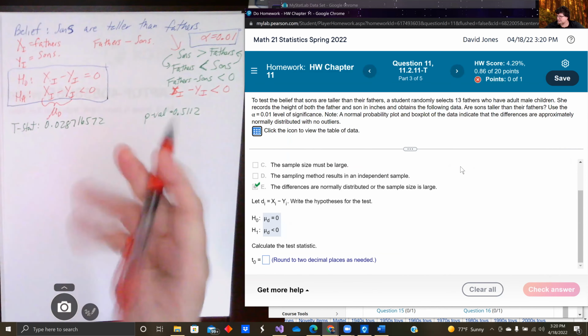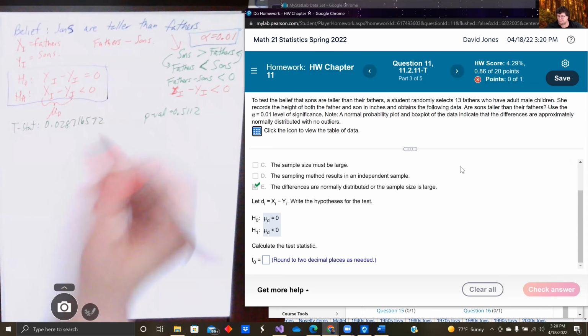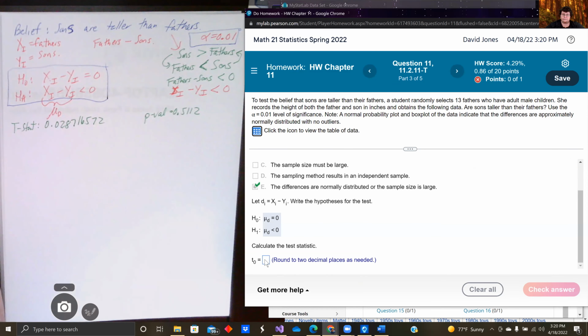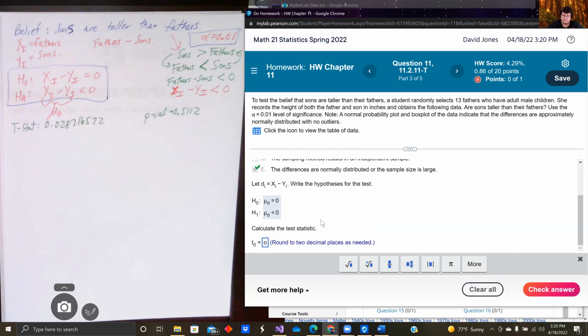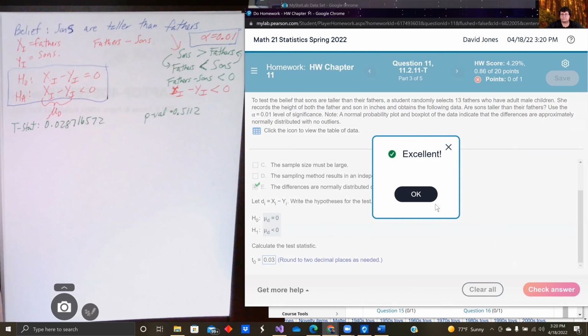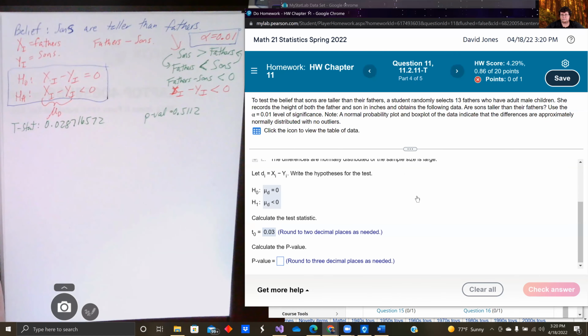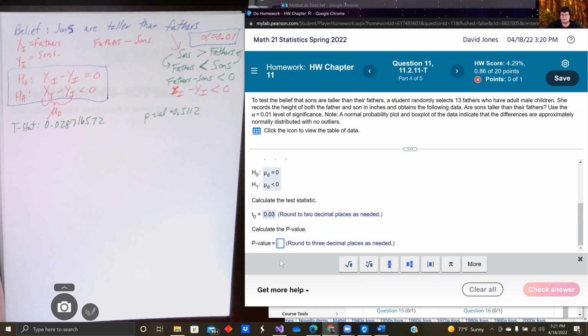Two decimal places would be 0.03. There we go, 0.03. And my p-value, they said, let's do 3 decimal places here because they are jerks and change the number of decimal places mid-problem.